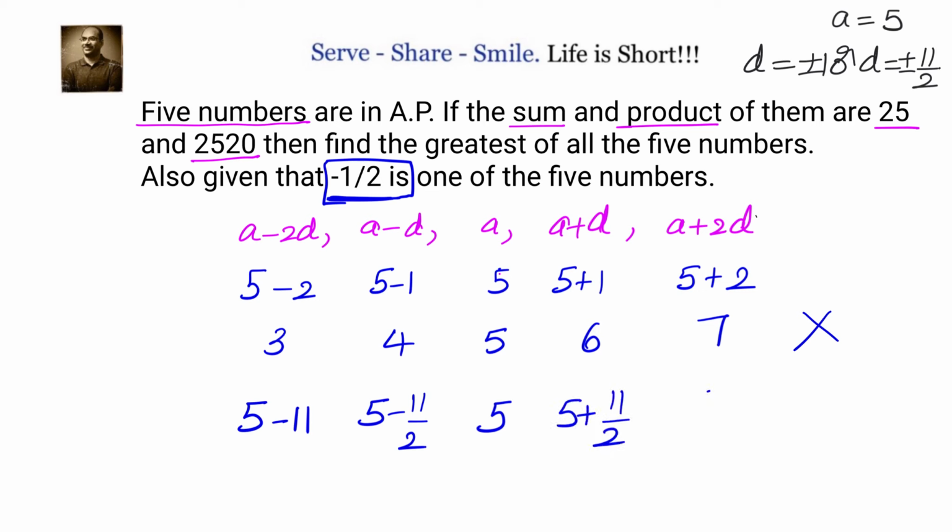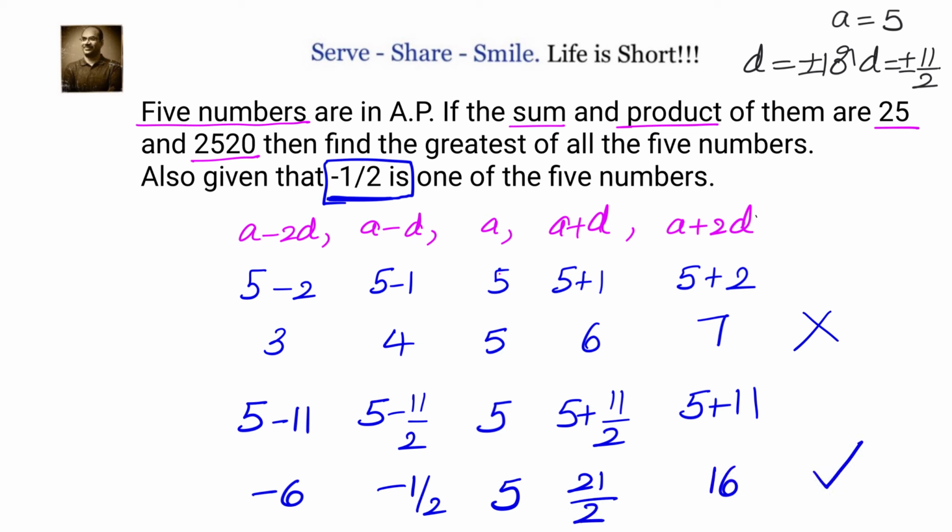Now in this we see that 5 minus 11 by 2 is minus 1 by 2. So this is the right solution we have here. Now what is the greatest number in this? Greatest number is 16. So the greatest of all the 5 numbers is 16.